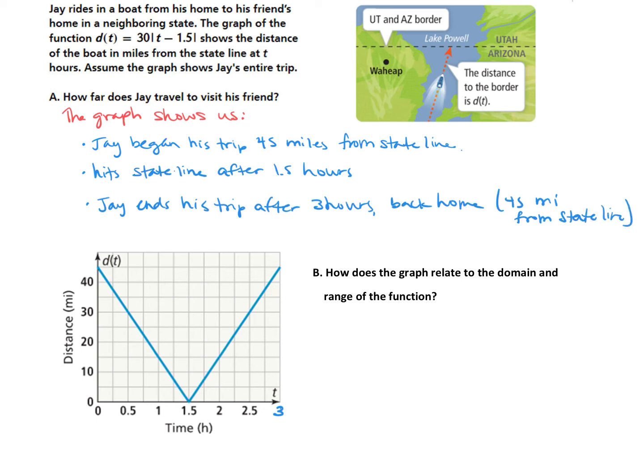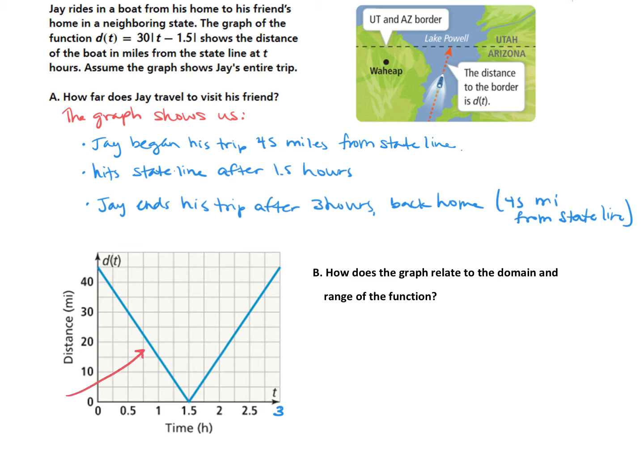So just a couple things to notice about the graph. These are key features that we talk about in Algebra 2 for sure. As time goes on, do you see how this function is going down? Would you say this is increasing or decreasing? And I know you guys would all say, well, it's decreasing because it's going down.